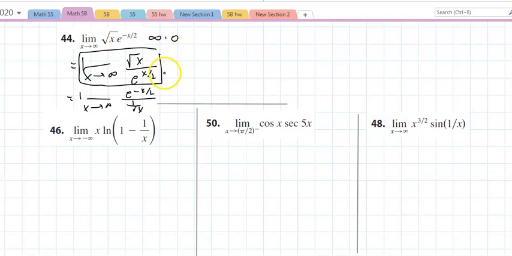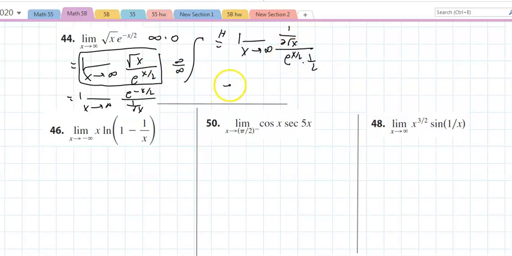So now that I'm looking at this, I notice that this is infinity over infinity. I would apply L'Hopital, and that would be the limit as x approaches infinity. Derivative of square root of x is 1 over twice square root of x over derivative of e to the x over 2, which is e to the x over 2 times 1/2. If I clean this up, this is the limit as x approaches infinity.